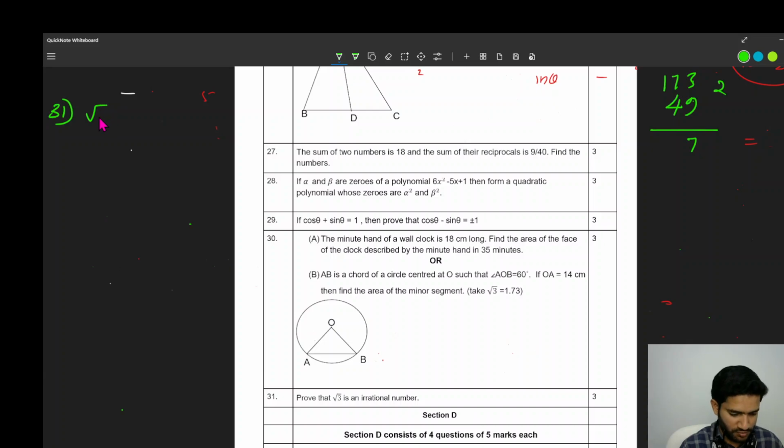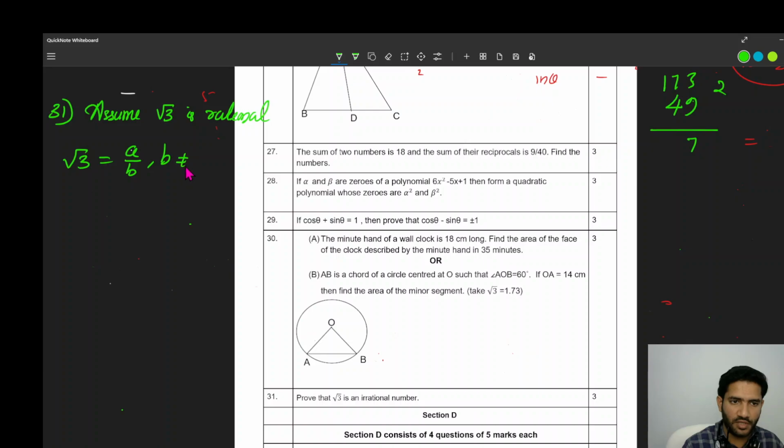So assume that root 3 is rational. So root 3 is equal to a by b form, where b is not equal to 0 and a and b are coprimes. Coprime means there is no common factor, only 1 is the common factor for a and b.